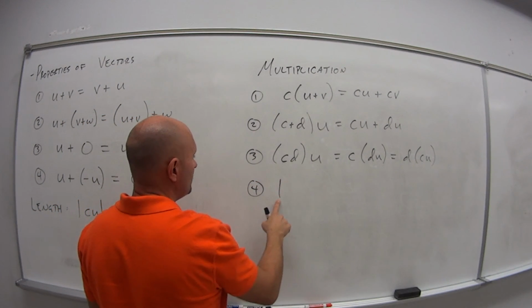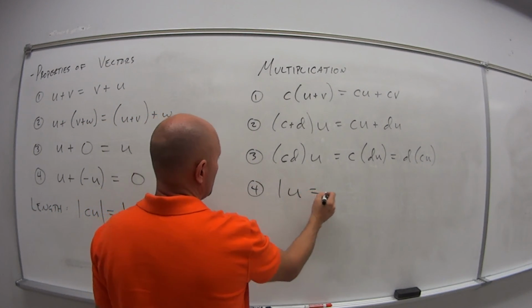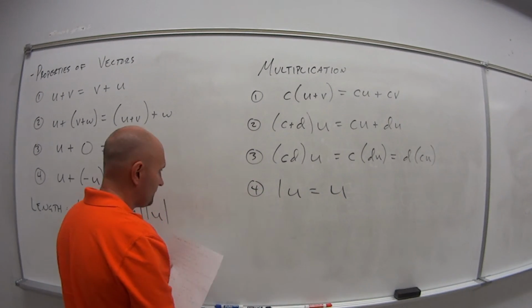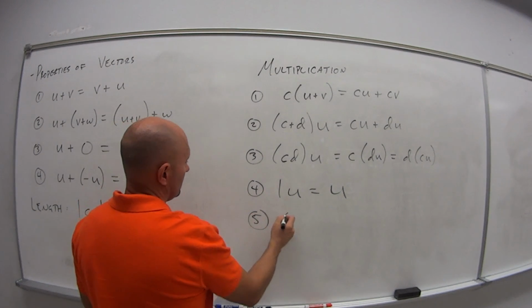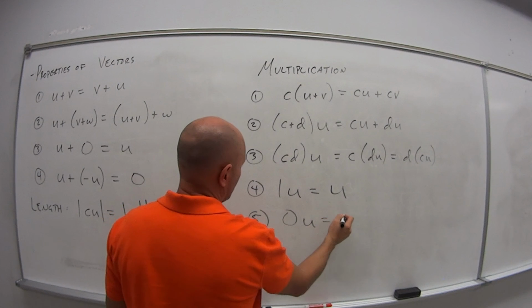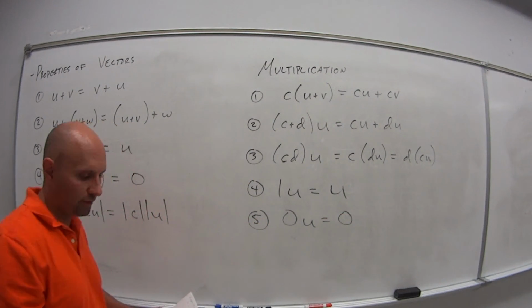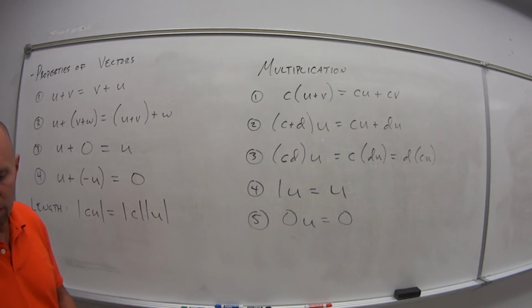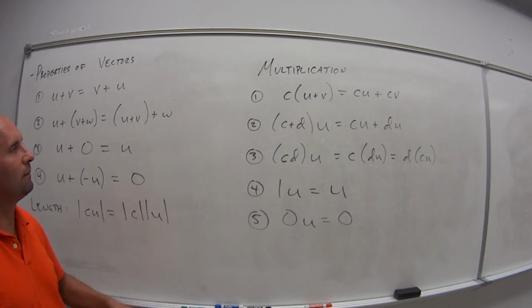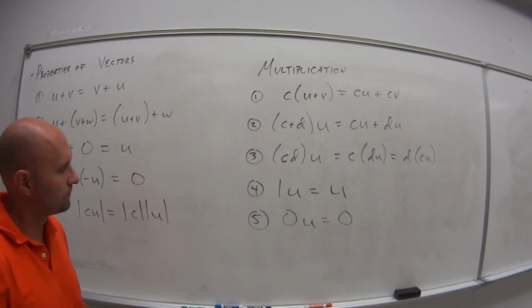And then if I have the scalar 1 times u, it's still just u. And if I have the 0 scalar and I multiply it by u, I now get the 0 vector. So again, just like with numbers, the same ideas hold with multiplication.